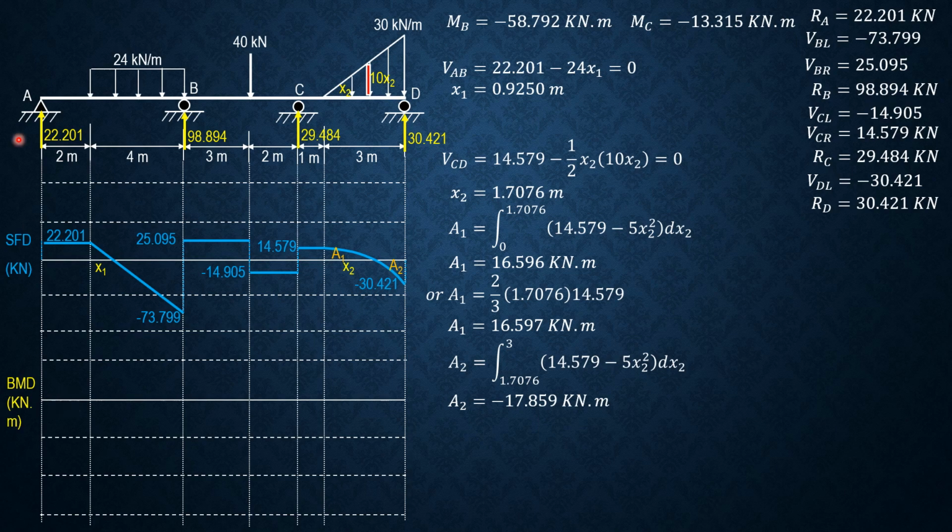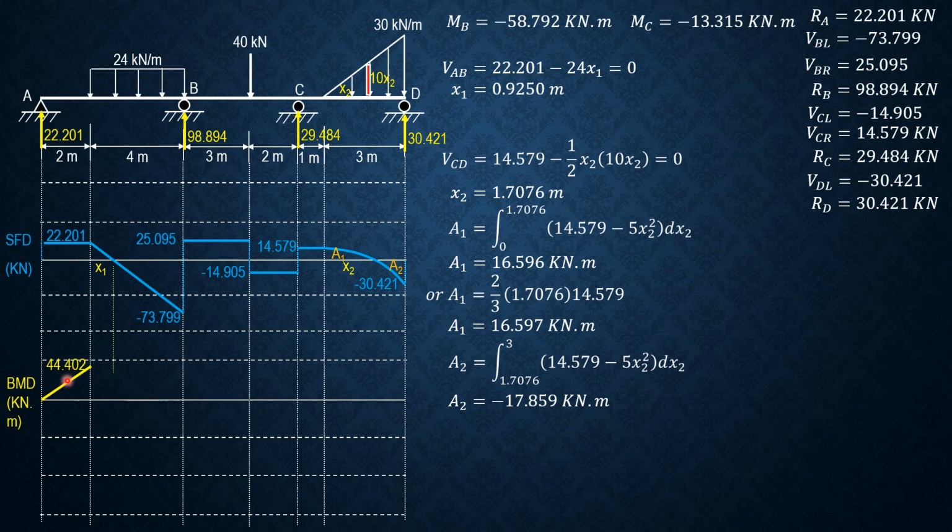It begins with 0 moment at A, then plus 22.201 times 2, so 44.402, straight line up. 44.402 plus the area of this triangle, which is positive decreasing, so like that, concave down, but rising.